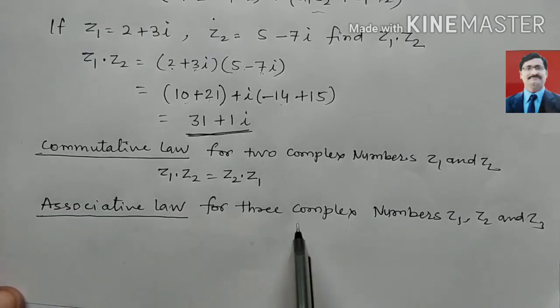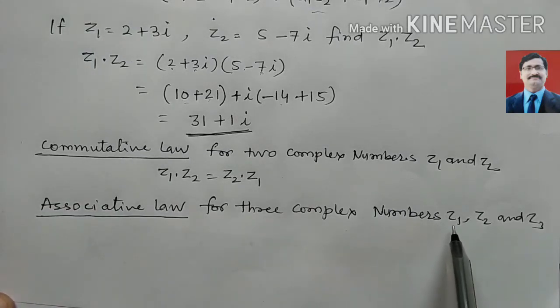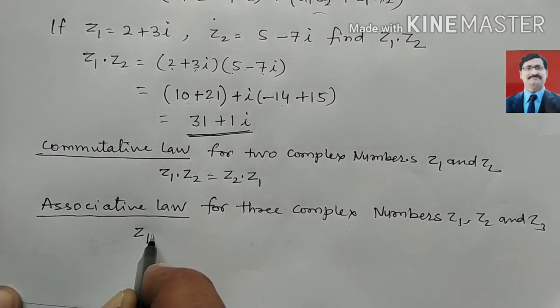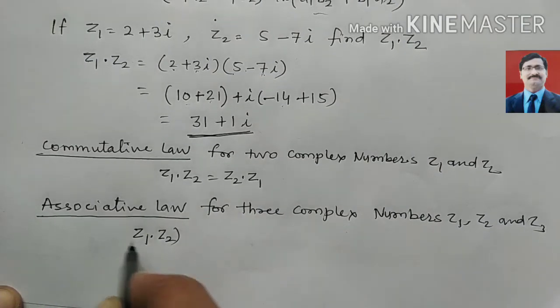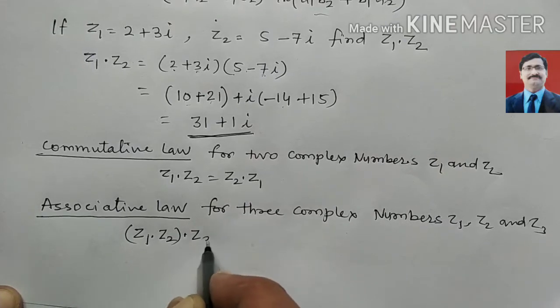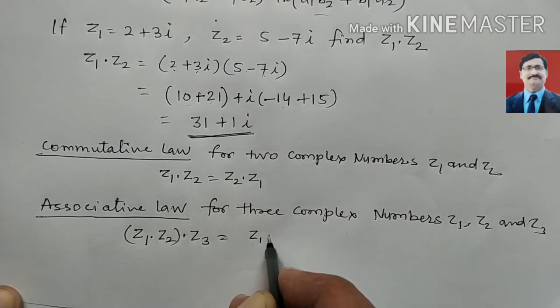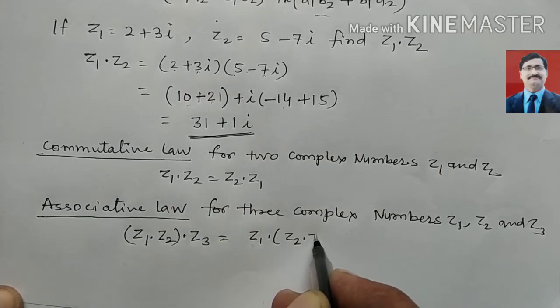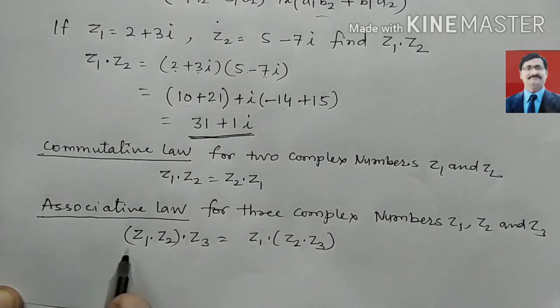For three complex numbers Z1, Z2 and Z3, you can write Z1 into Z2, the whole bracket, into Z3 equal to Z1 dot, Z2 into Z3. Here we multiply Z1 and Z2 first, then we multiply by Z3, or you can multiply Z1 by the whole multiplication of Z2 and Z3. Do all understand this?